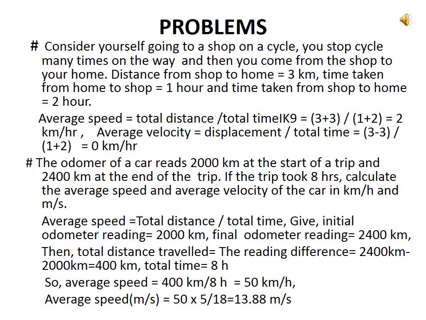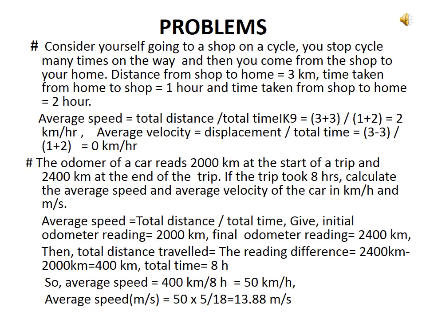Since the starting point and finishing point coincide, the displacement is equal to 0. Then the average velocity is 0 displacement divided by 3 hours, which is equal to 0 kilometer per hour.